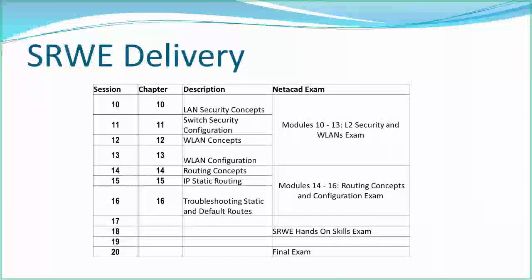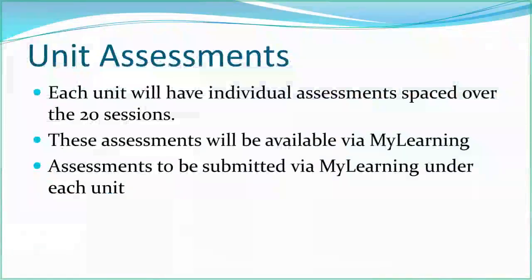And then we've got 4 weeks where we just catch up on the lab work, and gives us a bit of time to do a bit of review on the theory. Now, during the course of the 20 weeks, you'll have unit assessments.